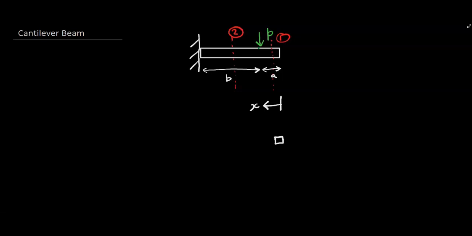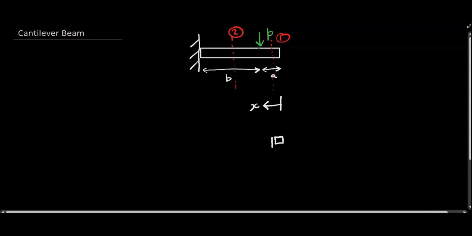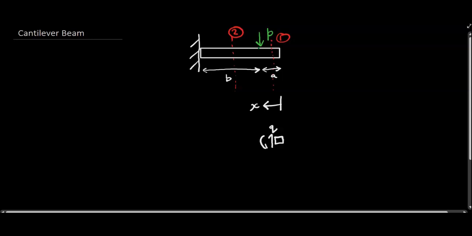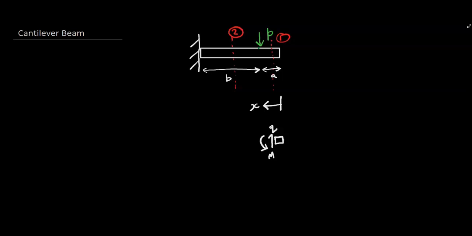If I take a cut and the beam does not fall down, then there must be an internal vertical force, which we often use the letter Q for, and then there's going to be a bending moment at the cut to prevent any moments bending, and so I'm going to call that M for moment. So that's the moment about the position of the cut.